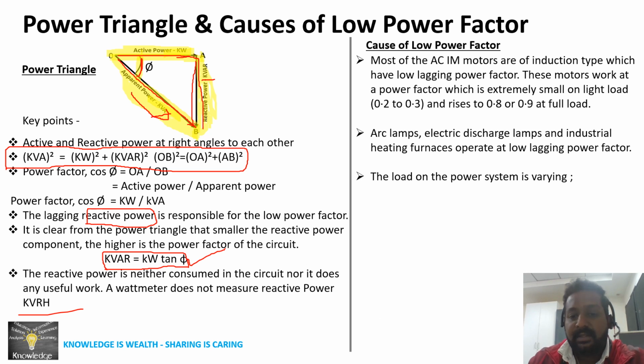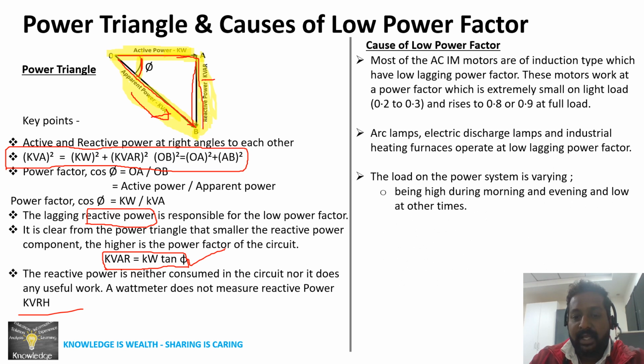And last is that the load on the power system is varying. We all know about load shedding, like during morning and evening there is very high demand usage, and very low during other times, like afternoon and late night, when the demand reduces.